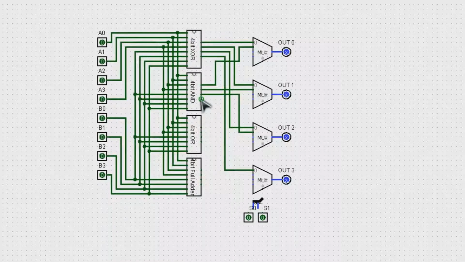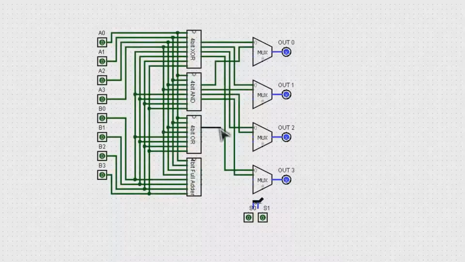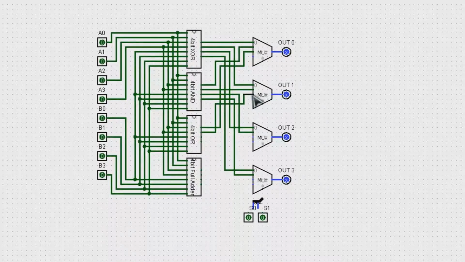The second output will go into mux 1, input 0. And the first output of AND will go into mux 0, input 1, and so on and so forth until all the operators have been hooked up. The selectors then need to be bundled and hooked into the mux units. Finally, the outputs of each mux unit go into its own output pin.